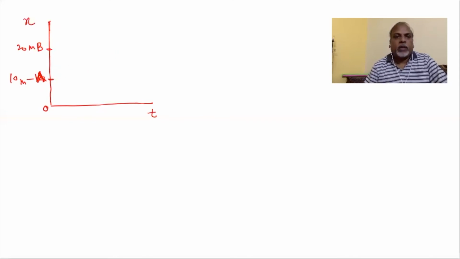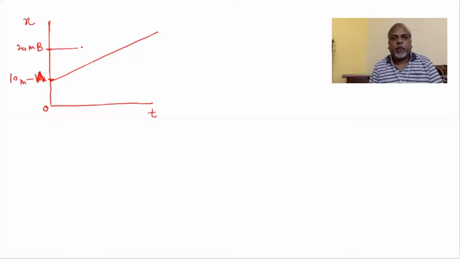Now when they start motion at time t is equal to 0, then if velocity of A is more than B, then ultimately what will happen? They will somewhere meet.